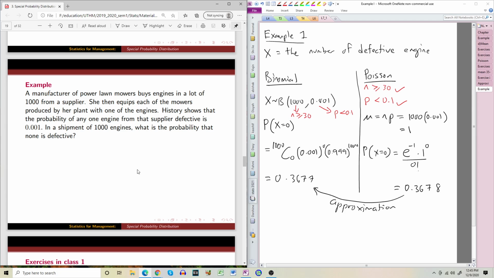In the exam, if it comes out, you don't need to show two ways. The question will tell you to use Poisson, so you only have to use this one. If the question asks you to find Poisson approximation, it means you only use Poisson. You don't need to show me binomial and Poisson both.